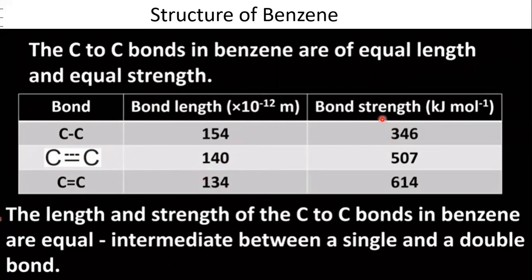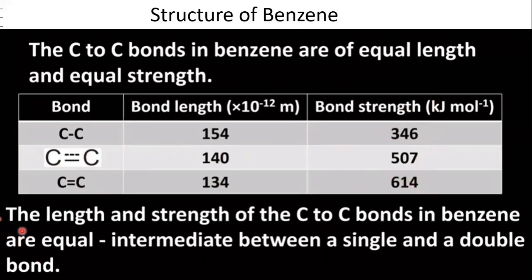Next, we will move on to bond strength. From these figures, we can say that the bond strength of the carbon to carbon bond in benzene is stronger than a carbon to carbon single bond, and it is much weaker than the carbon to carbon double bonds in alkenes.